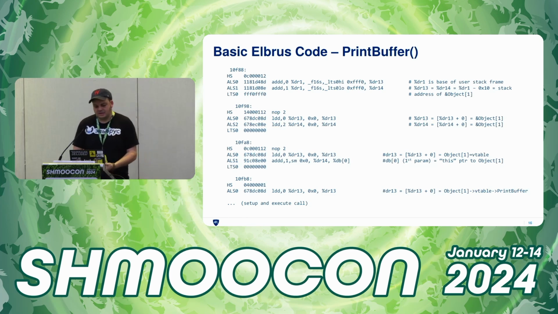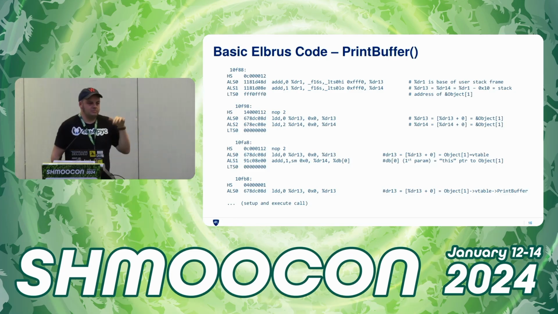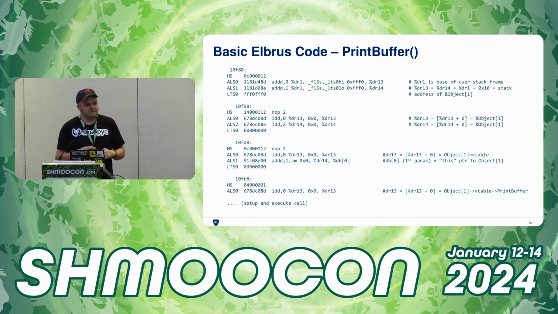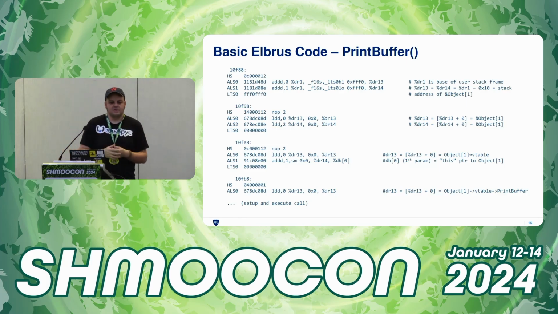Okay, just a little bit. This is just getting into some disassembly here of what this looks like. You can go into GitHub later and compare the source code versus the disassembly to see what's going on here.